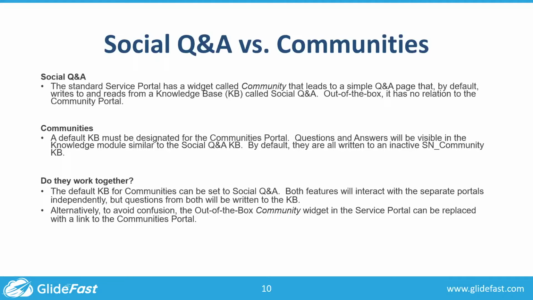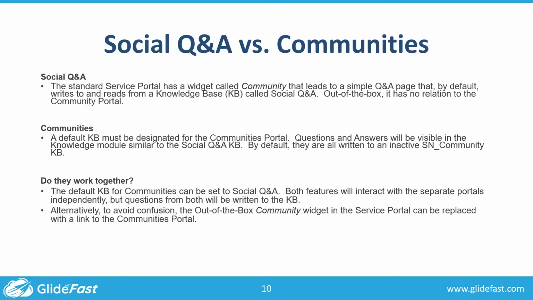Communities has a similar structure in that it requires a default knowledge base out of the box. When you first create it, in the back end, a knowledge base called SN Community is created that is inactive, so it would not show up to users in the knowledge side of things. However, you can designate other knowledge bases to store the questions and answers posted in communities.